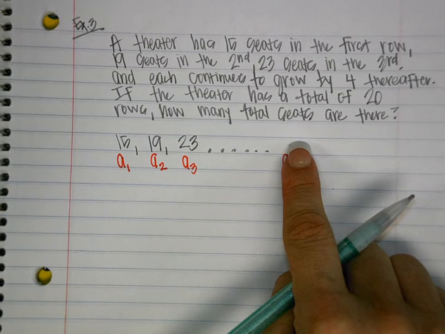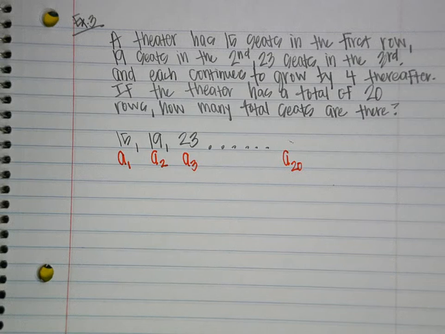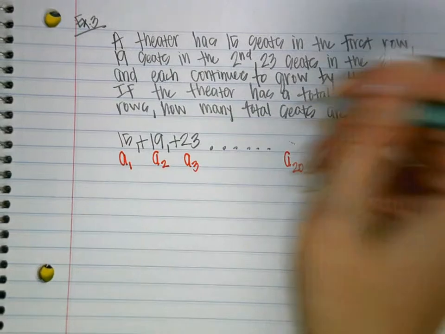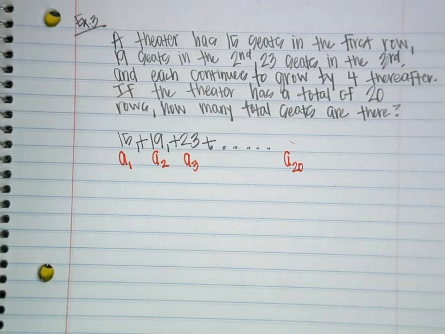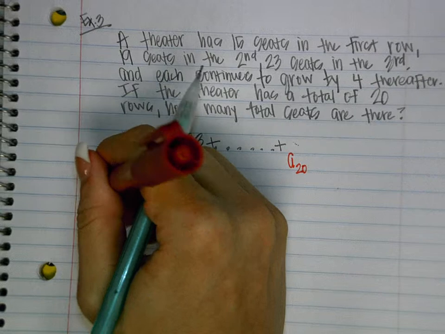I want to find the total. So this is a series, because you're adding them together. So really, these should be pluses, I apologize. Now is this arithmetic or geometric? Arithmetic, because we're adding something each time, so the common difference is 4.